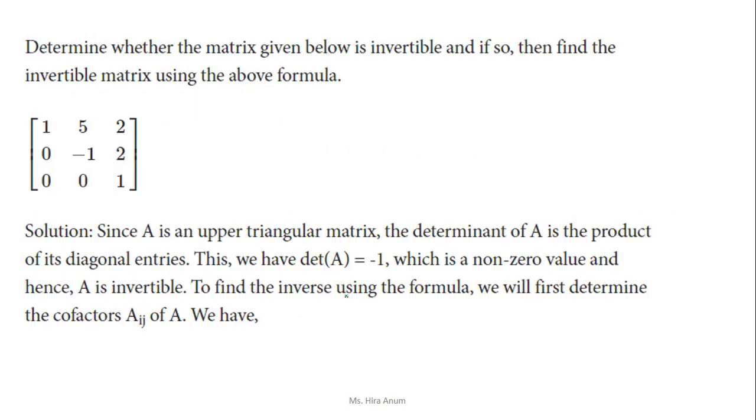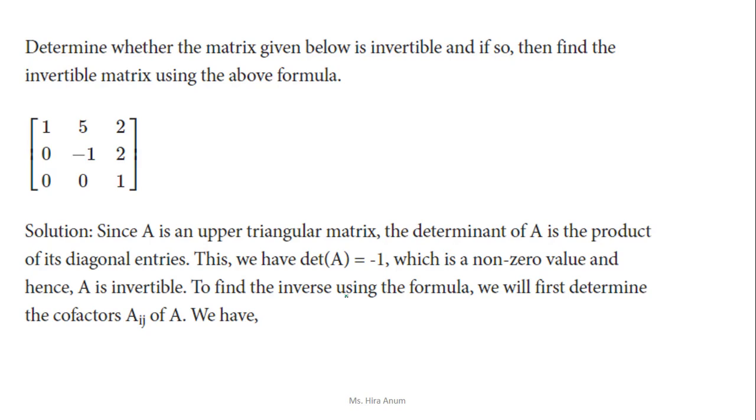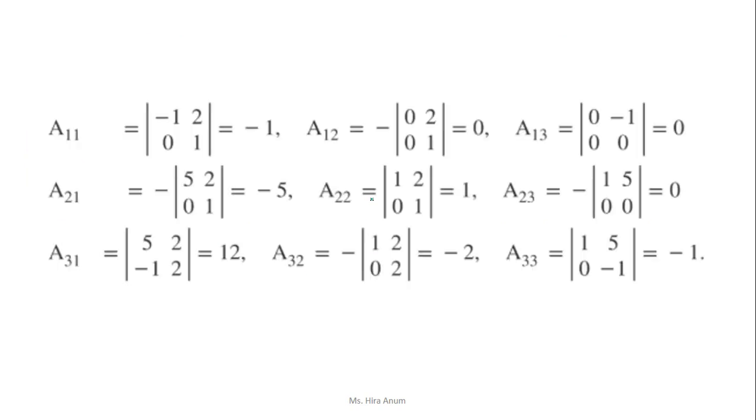Determine whether the matrix given below is invertible. So find the inverse of the given matrix. You can know easily that invertible is also called inverse. The determinant of this is minus 1, which is not equal to 0, so we can find the inverse of this matrix.